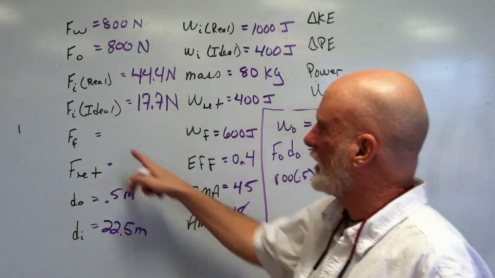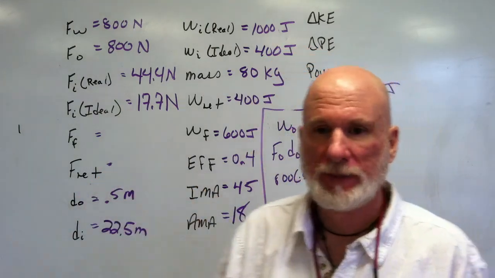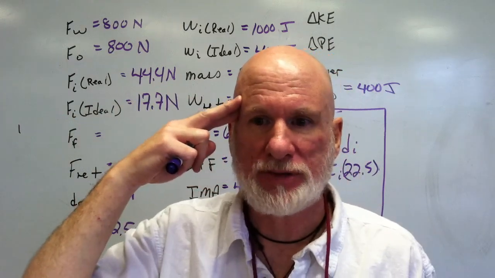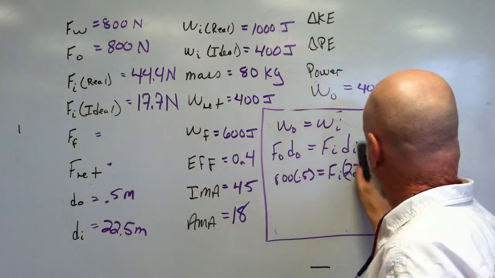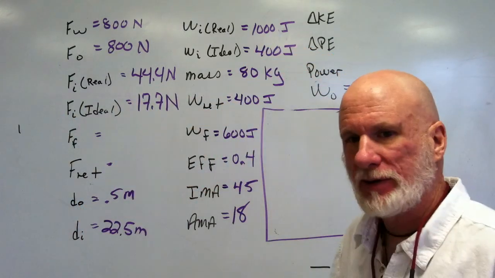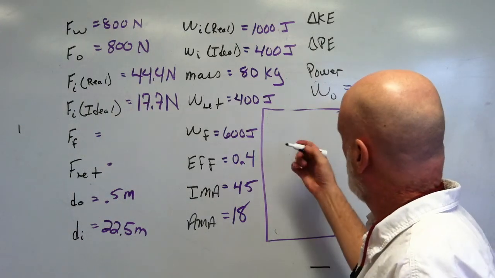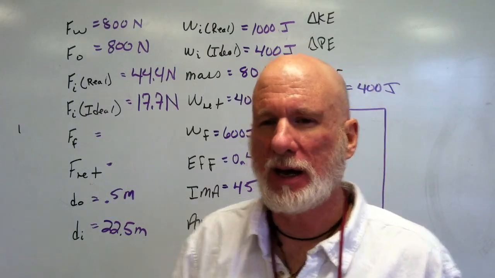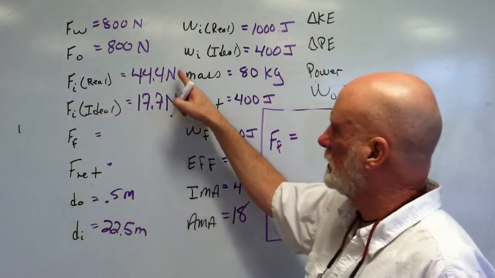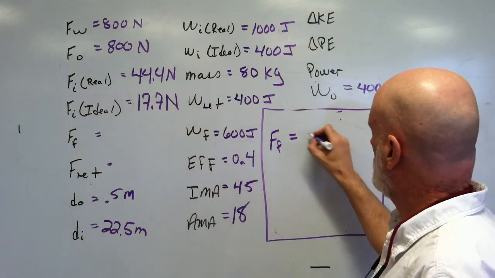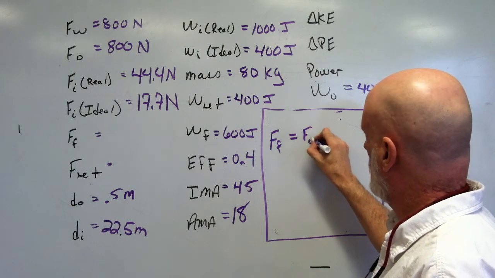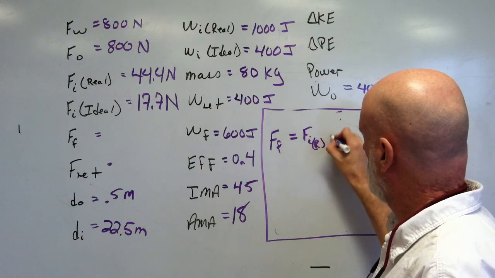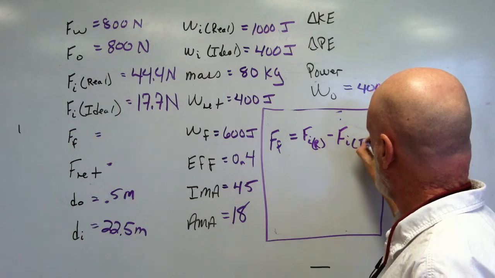So what's the friction? How do I calculate the friction? Isn't it going to be the difference here? FI real minus FI ideal.